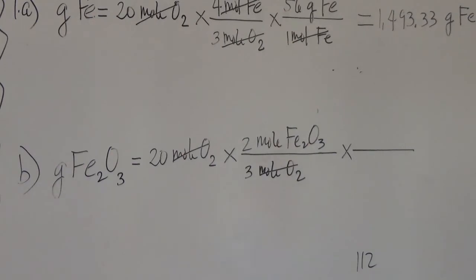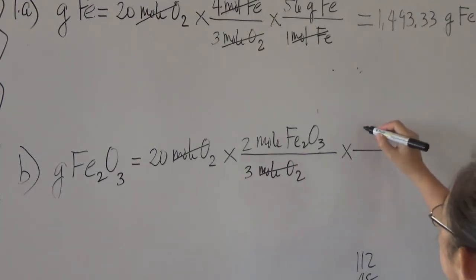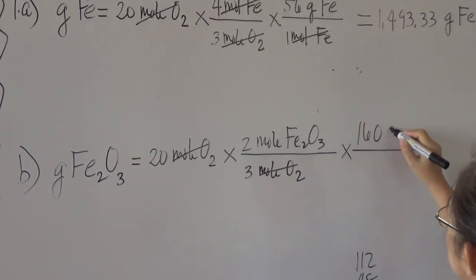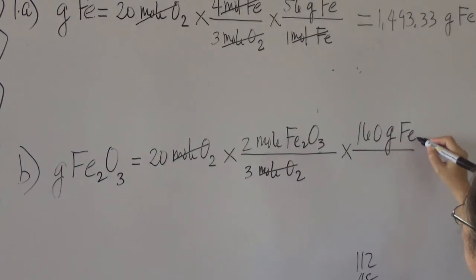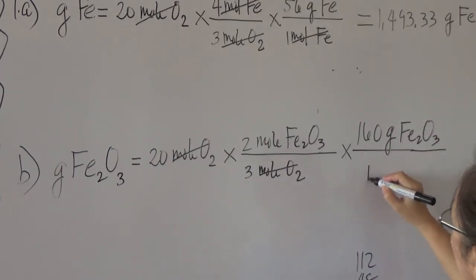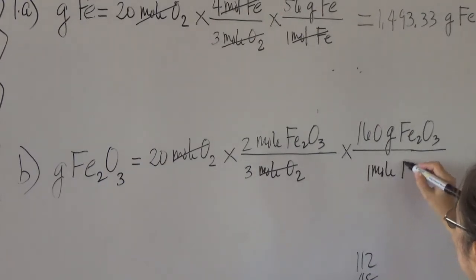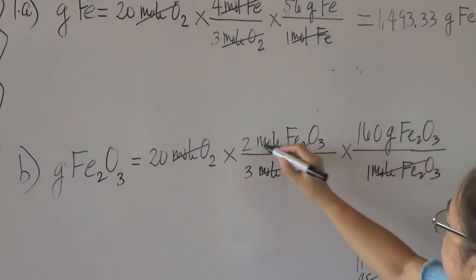And oxygen, that is 16 times 3, so you have 48. So therefore, the molar mass of ferric oxide is 160. So you will have 160 grams of ferric oxide for every 1 mole of ferric oxide. So you can cancel out the moles.